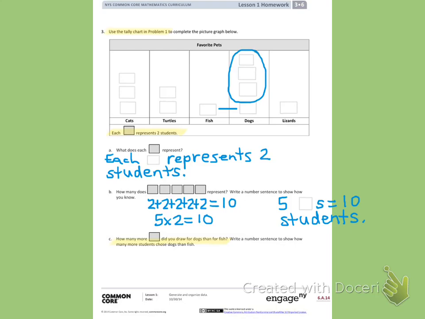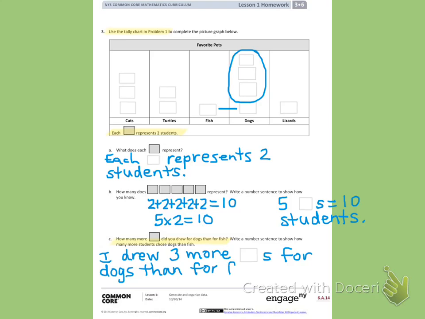So, I drew 3 more squares. I drew 3 more squares for dogs than for fish.